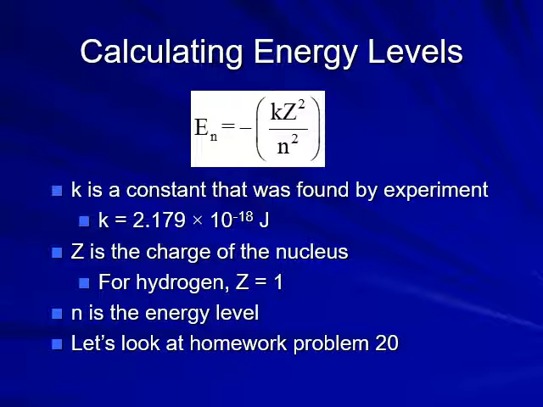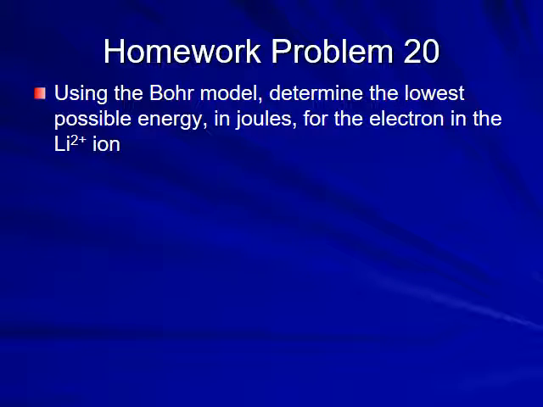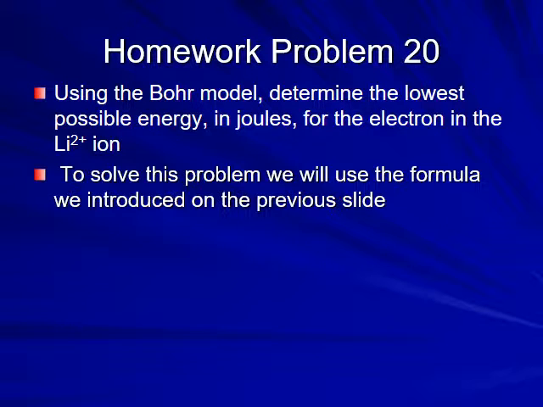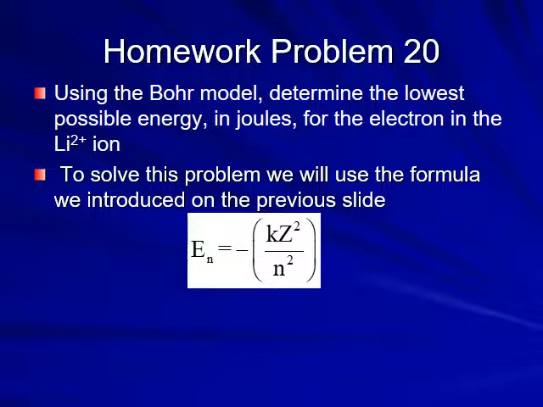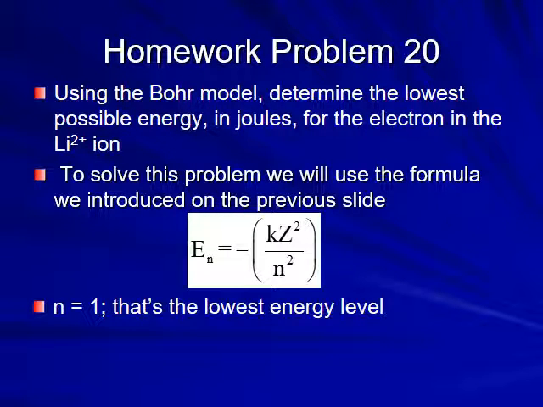Let's look at homework problem 20. Illustrates this formula a little bit better. So the problem goes, using the Bohr model, determine the lowest possible energy in joules for the electron in the lithium 2+ ion. So we will use the formula that we just saw. There it is. So N equals 1.